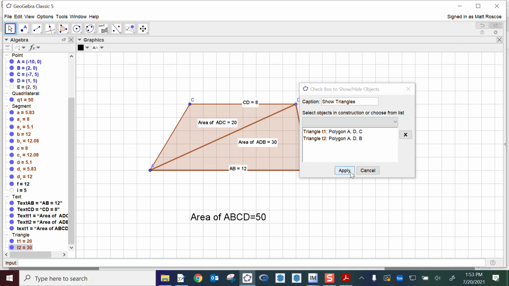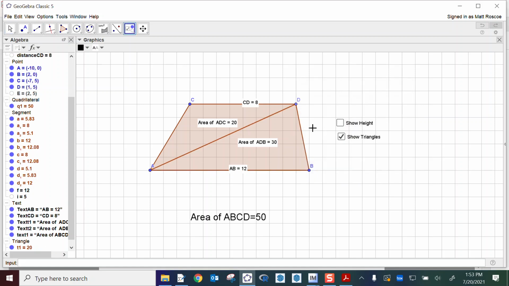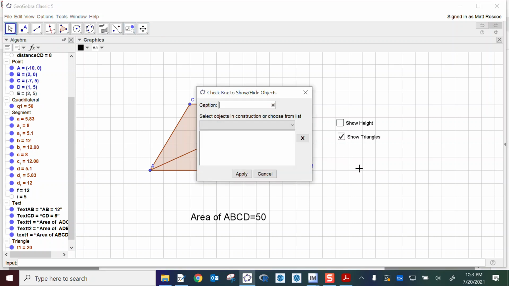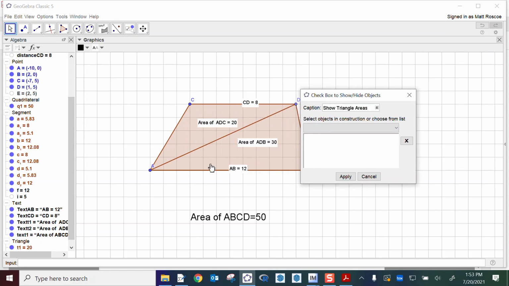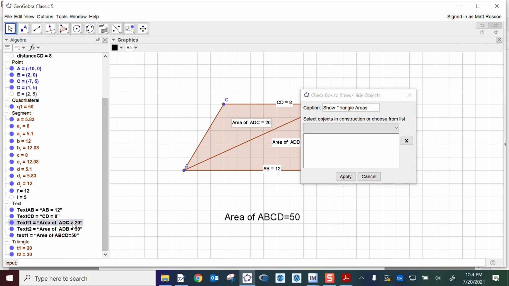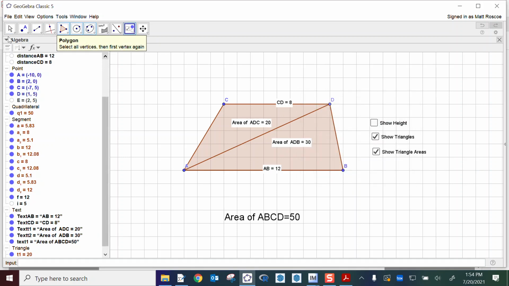I clicked on them, hit apply, and then I want to do one that might include the triangle areas, because maybe kids, once they see the triangles, they'll be able to see that the two areas work like they do. But let's do show triangle areas, and the two areas are 20 and 30. Okay, apply. Let's see how that's all working.